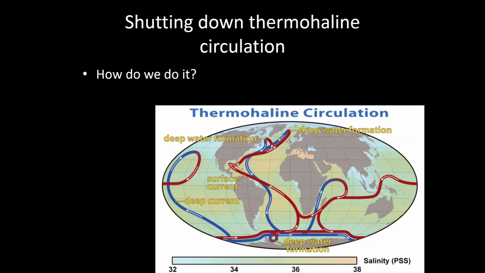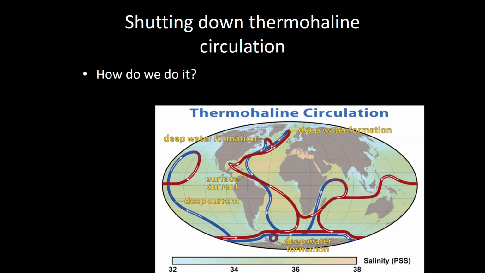So, shutting down thermohaline circulation. We talked about this last class with the PETM. How do we shut down thermohaline circulation? We talked about it with the PETM and with the Permo-Triassic extinction. During this time, if you heat up water enough, it can actually stop density differences between cold and warm water, and it can stop the flow of circulation.